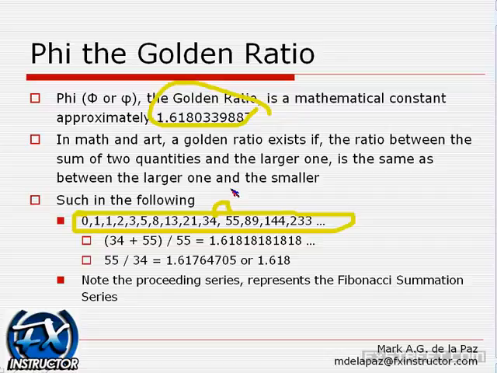So guys, basically this is the source of one of those key Fib numbers that we have, 1.618. The ratio between a number and that which exceeds it. So this is our Fibonacci series. Let's move on. Let's take a look at the next slide.